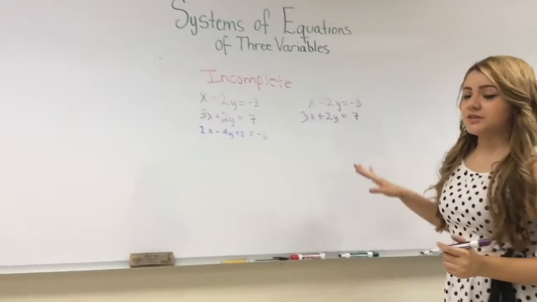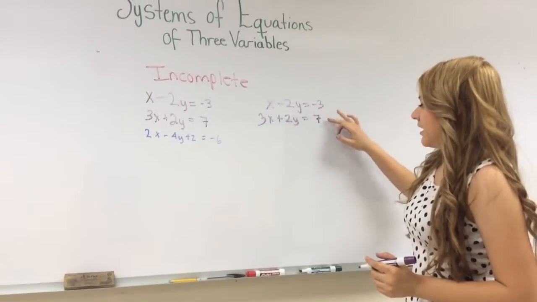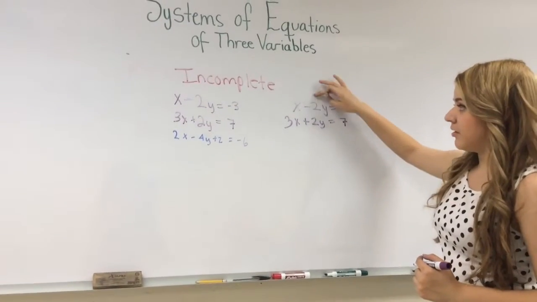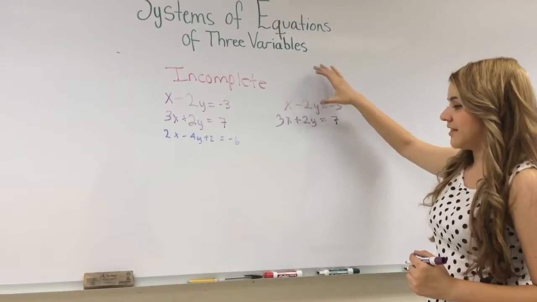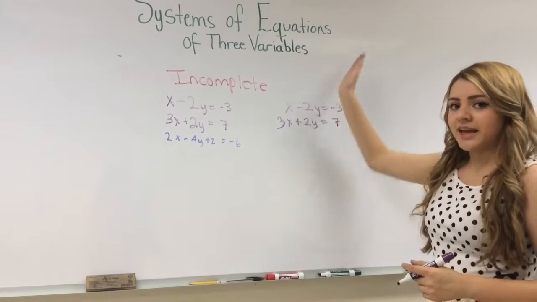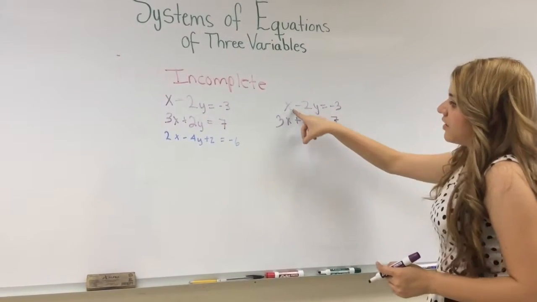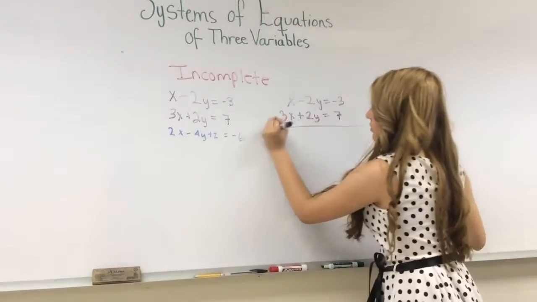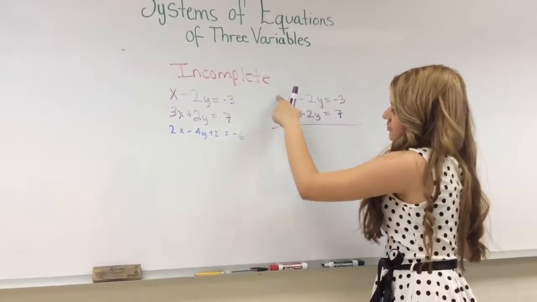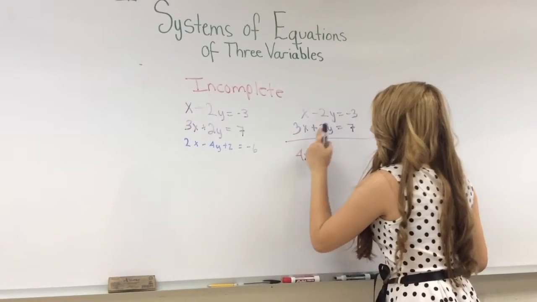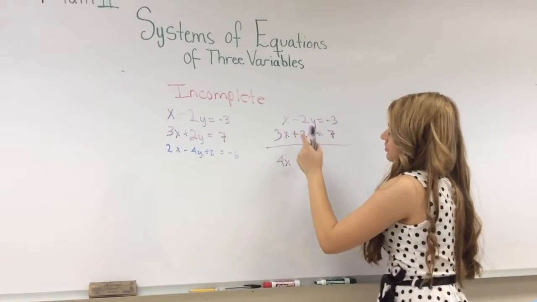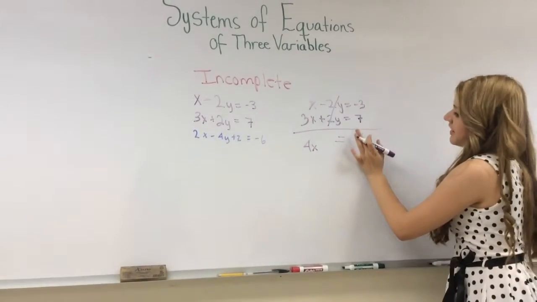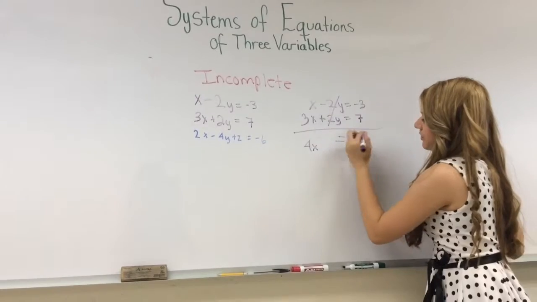The method we would use here is to multiply one of the equations so that together they can cancel each other. But in this case we have minus 2y plus 2y, so there's no need to do that. So 3x plus x will be 4x, minus 2y plus 2y cancels, then equals 7 minus 3, which will be 4.